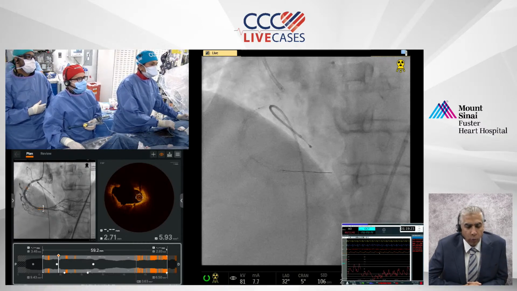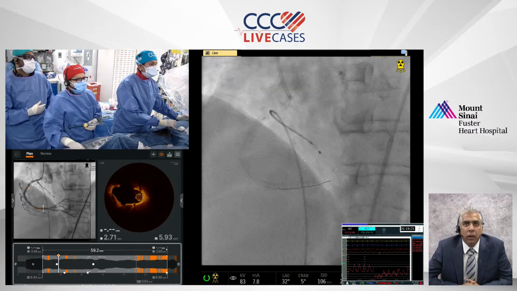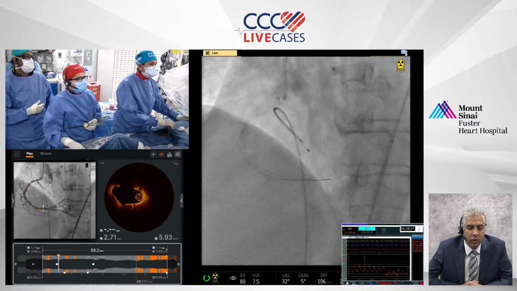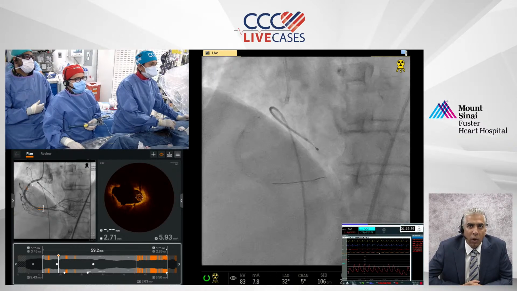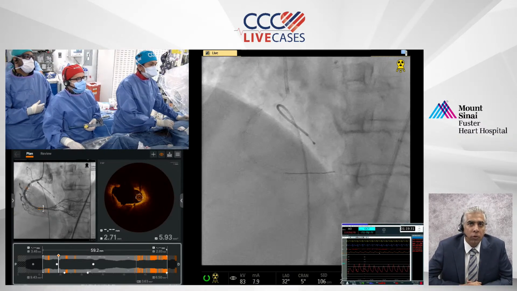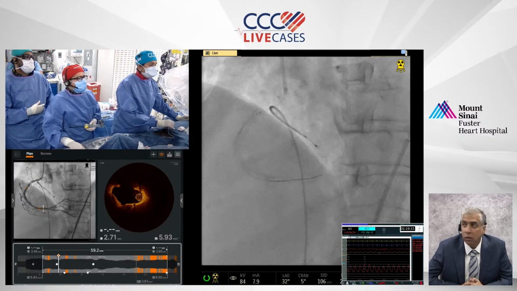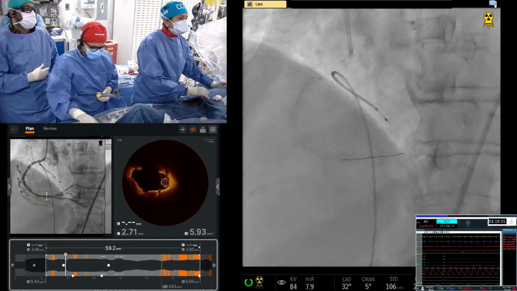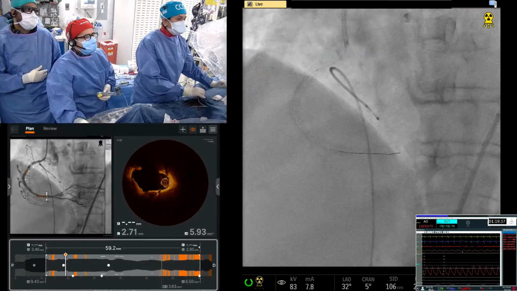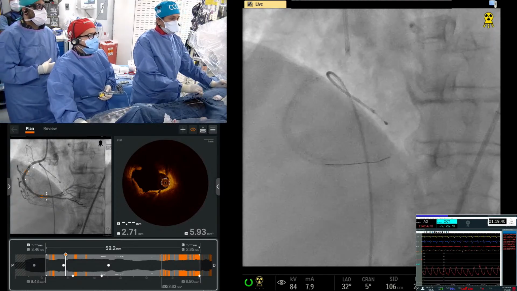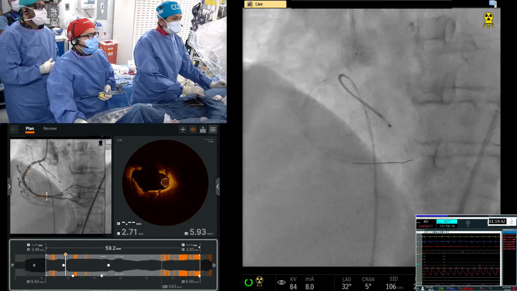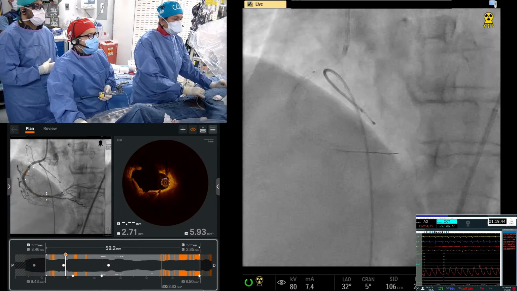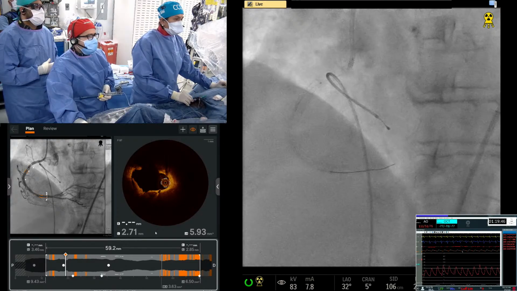Another viewer was hoping to get your insight on how you manage the distal edge dissection. When will you do a prolonged balloon versus another stent? So on the dissection, angiographically we say type C dissection, where there is a cap with persistent dye. That is the very old way of deciding.